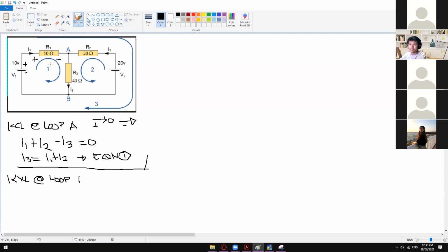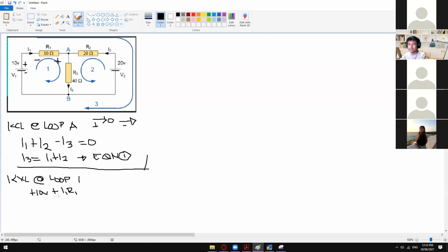Let me explain, just in case you made an incorrect signage, let's say negative and then positive. If we follow the outer signage, we will get positive 10 volts, and at the same time positive I1 times R1. Remember, as our voltage source passes through a load or a resistor, it will give us a voltage drop.